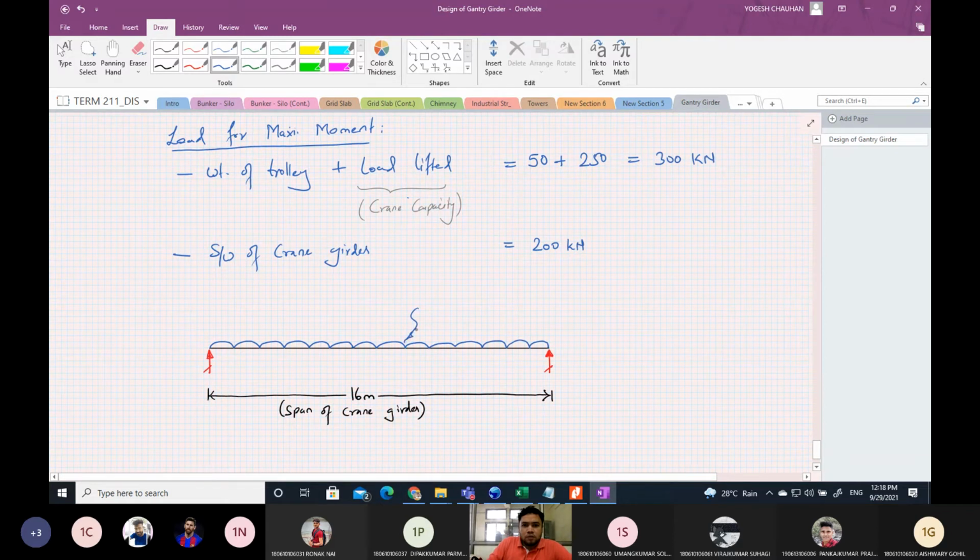We have been given the total load, which is W times LC equals 200 kilonewton. This is LC, the span of the crane girder.